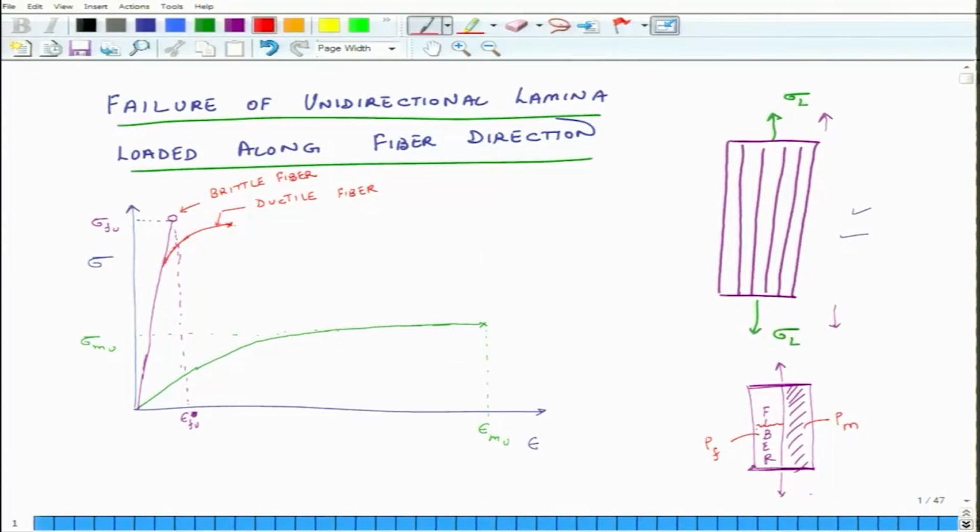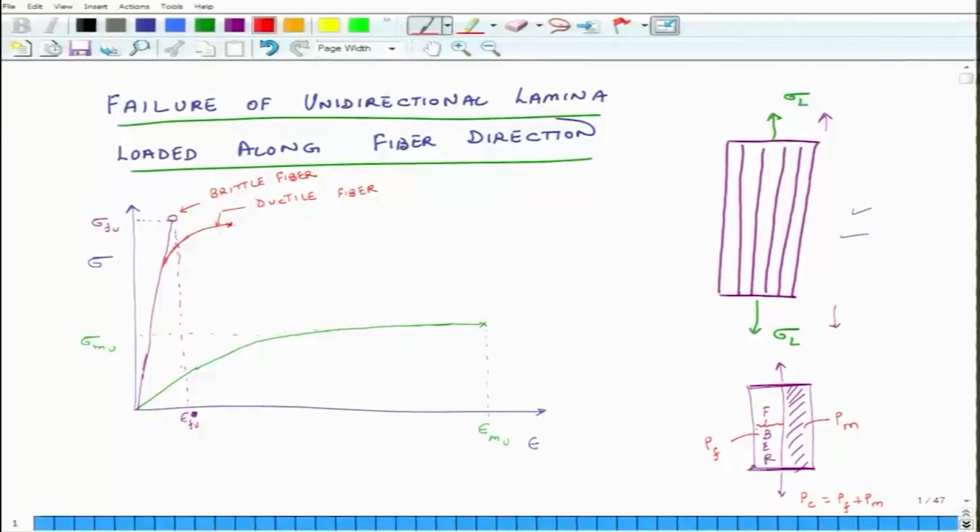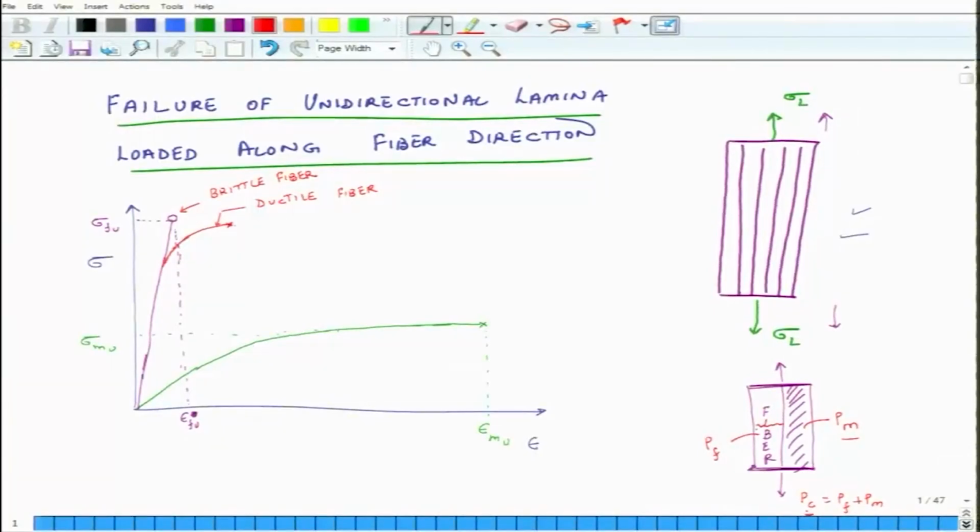If I add these two together, then P composite is equal to Pf plus Pm, right. Initially, as I keep on pulling it, there is a load in the fiber and a load in the matrix material, and the sum of these loads is equal to the load in the composite, Pc, but at some strain level the fiber breaks, and what happens?